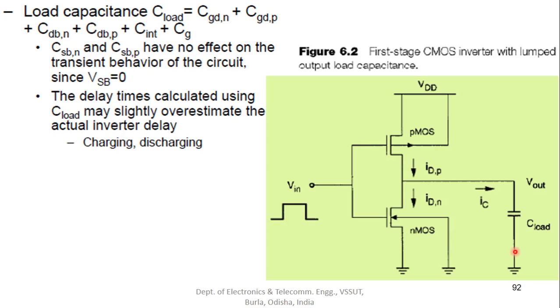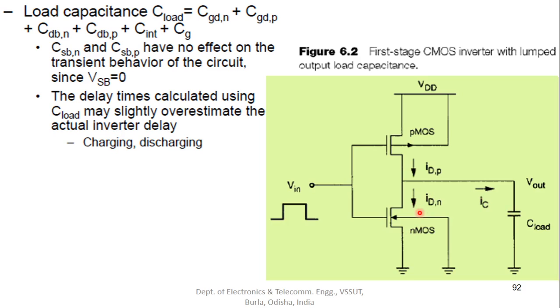When the input goes to 1, that makes the NMOS conducting, and this path is now a kind of short circuit, while the PMOS gets turned off, so this path will be an open circuit. Under that condition, the charge present on the load capacitance will start to discharge via this path. This forms a conducting closed-loop path that helps the load capacitance discharge via this NMOS towards ground.